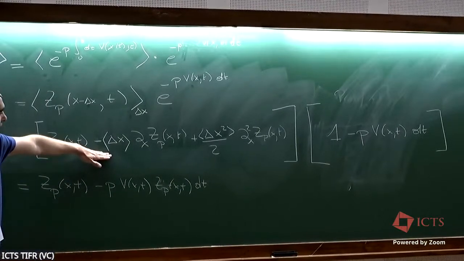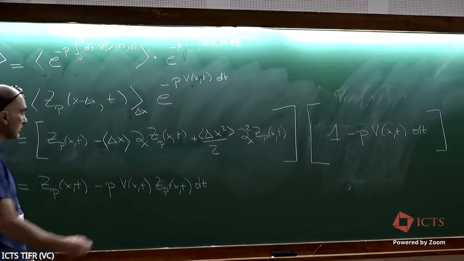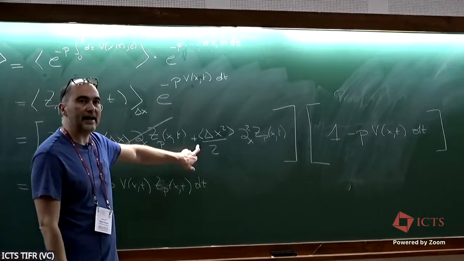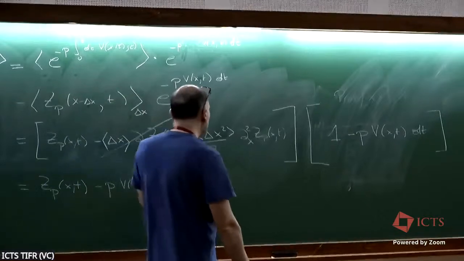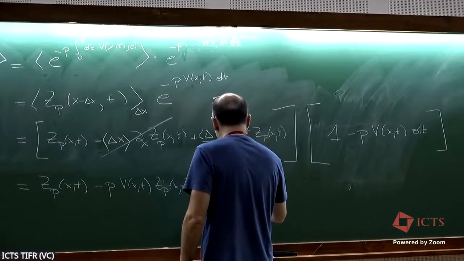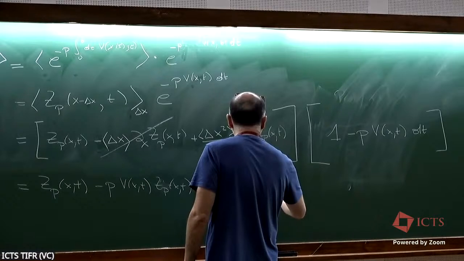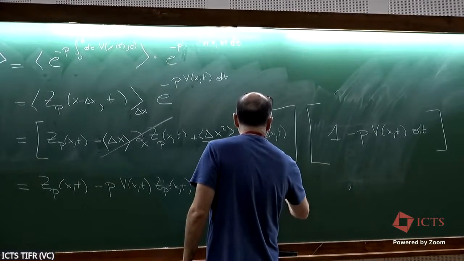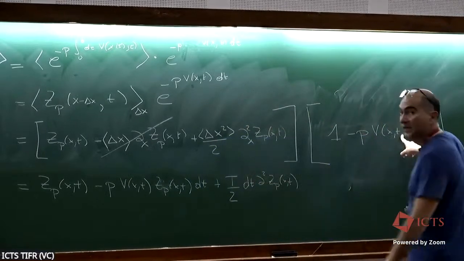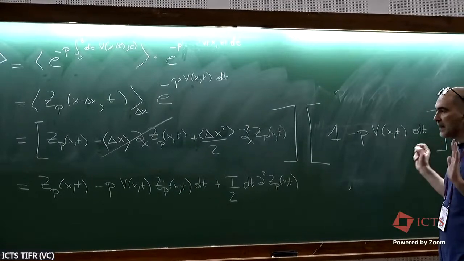Then we have this term. What is the average of delta x? 0. So this term is actually, hopefully, not there, okay? But this term is there, okay? And so this term is plus capital T over 2 dt, second derivative of z_p(x,t). And then should I do the product with this and this? No, because it's of the order delta t squared. So I'm happy like this.